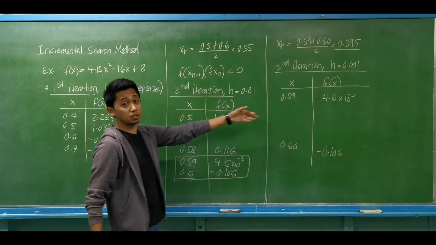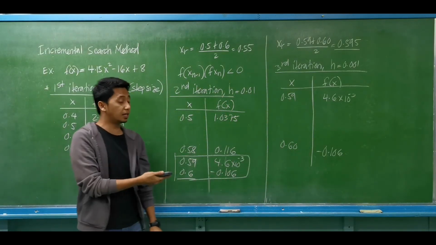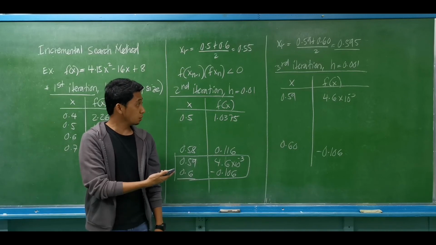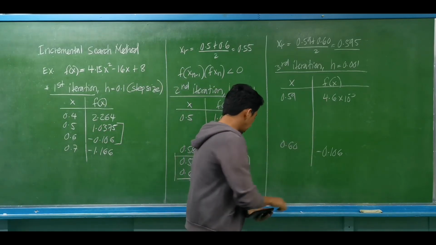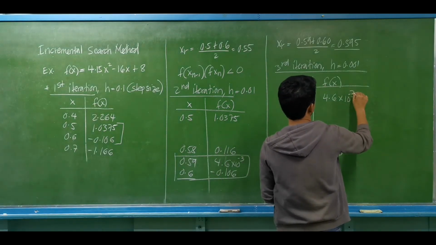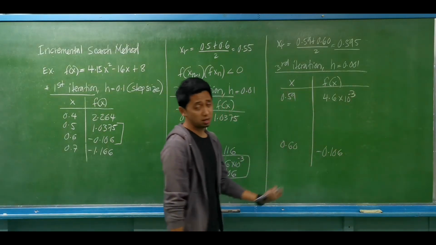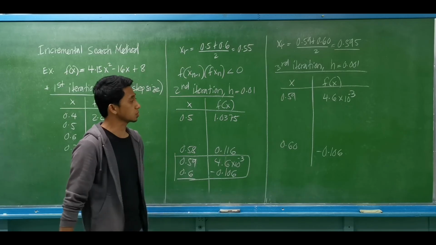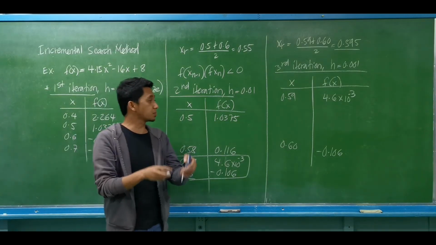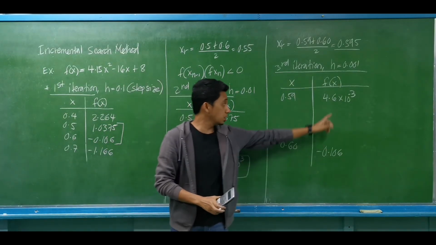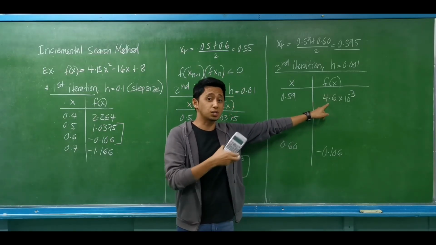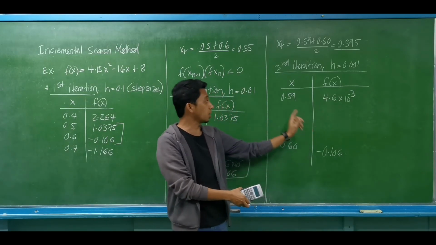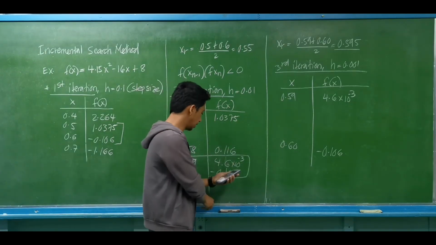Again, where do we start? We start on the value closer to 0. Which value is closer to 0? 4.6 times 10 raised to negative 3 or negative 0.106? If we consider the absolute values, obviously this value is smaller, which means it is closer to 0. We are starting at 0.59.